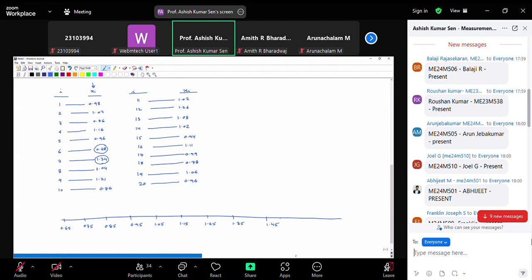Okay, let's say I have all these data points, and I place them on this scale. I would basically have 0.68 here, then this data here.